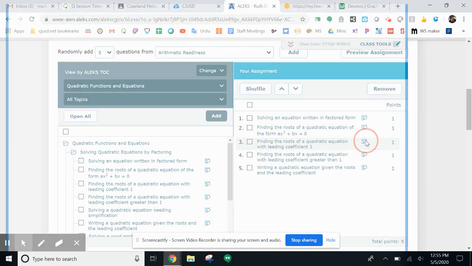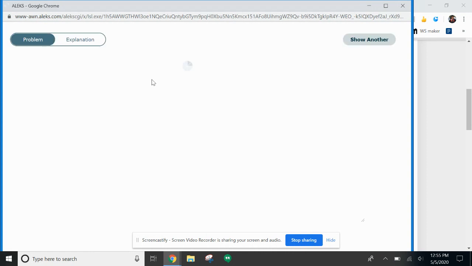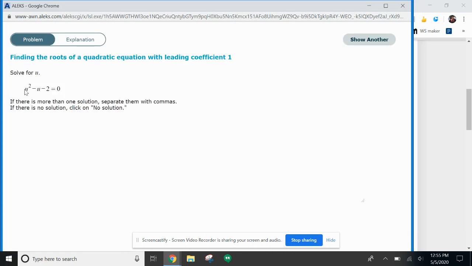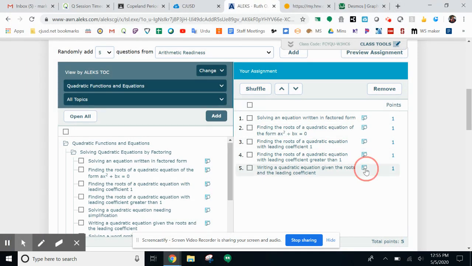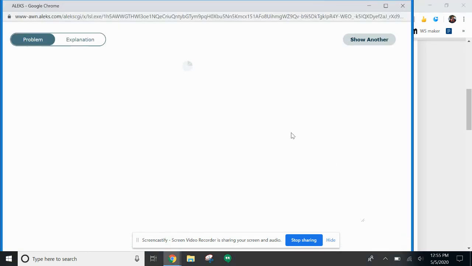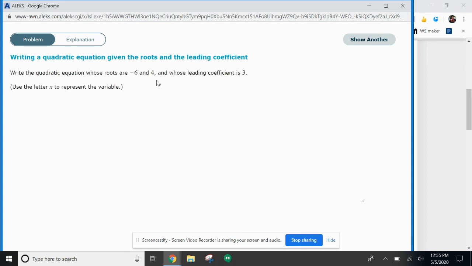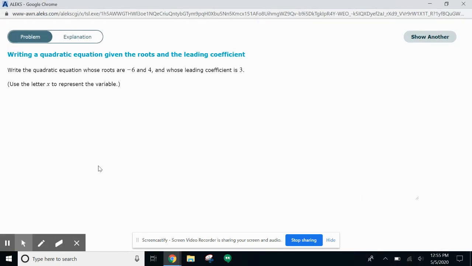Or if I go to this one, it says leading coefficient is 1. So it's going to have no number in here, which means the same as a 1. So they're going to give us that number in front of the highest term, which now the leading coefficient is 3, and our roots are these two. So what we're going to have to try to do is go backwards in this problem. And instead of factoring, we're going to want to be multiplying after we figure out what our factors are.